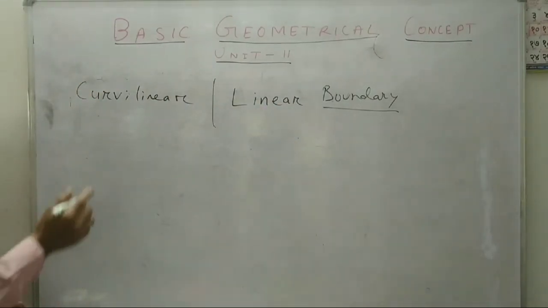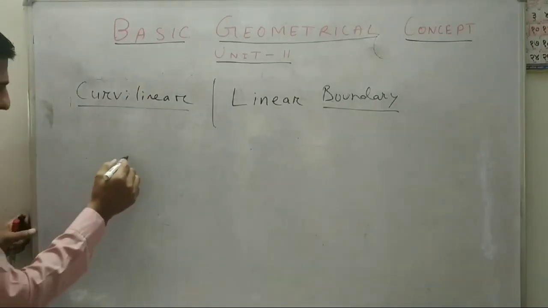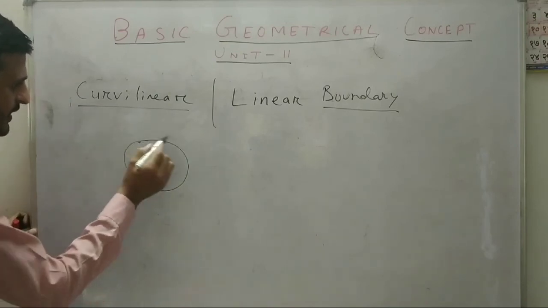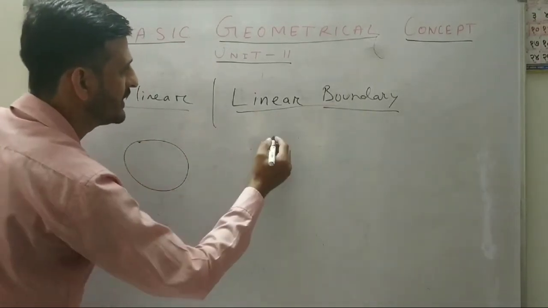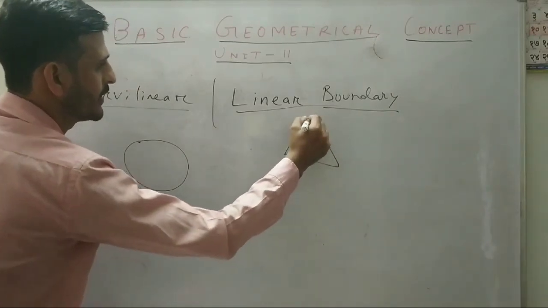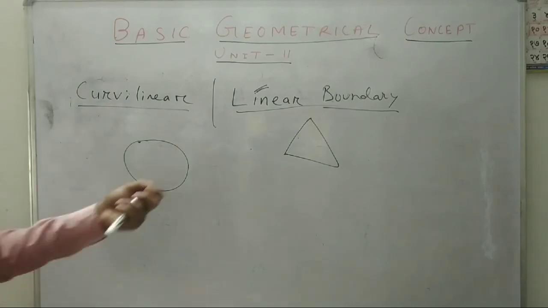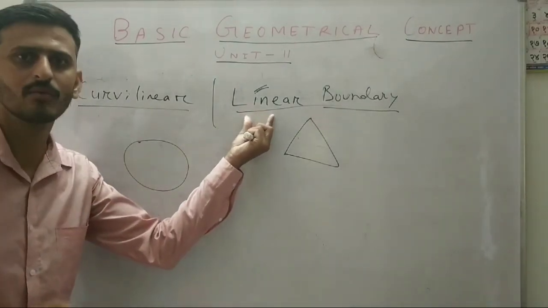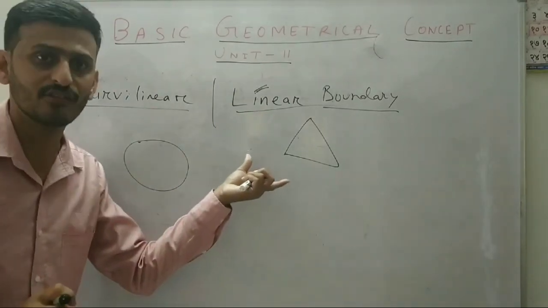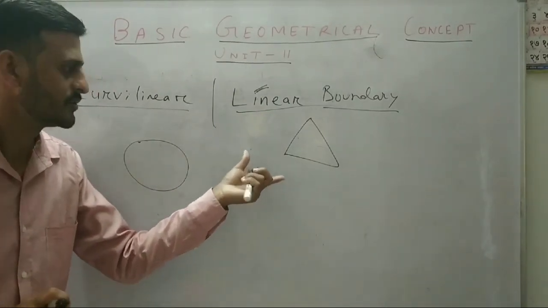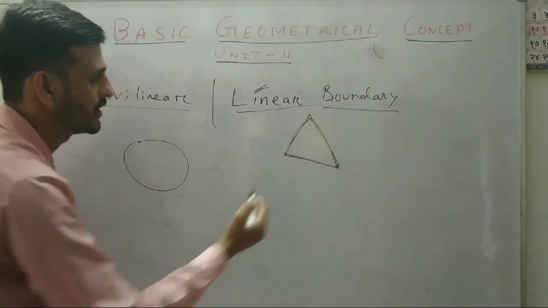Curvilinear means a boundary like this, this is a curvilinear boundary, and we can say that this is a linear boundary. Here the word linear itself represents a straight line. Whenever you get a linear equation, that equation gives us a straight line. So it is a linear boundary. See, the boundary is linear, so it is called a linear boundary.